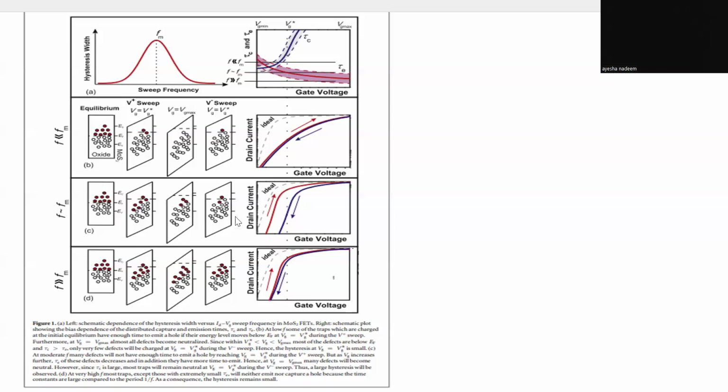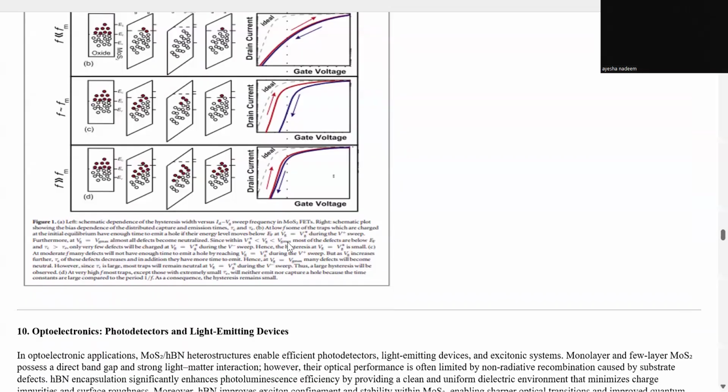Here is a charge transfer, how the energy transfers from one to another, and there is a hysteresis width, that when we increase the current there is a decrease in the gate voltage.